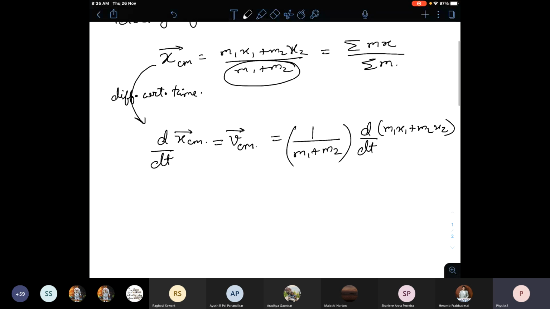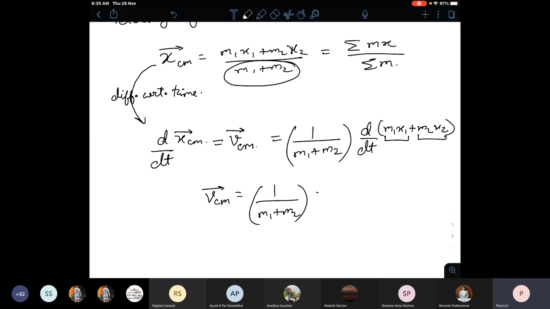Now v cm comes out to be 1 upon m1 plus m2 into. Now if we differentiate this, you can see there are two terms, m1 x1, m2 x2. So we will differentiate them separately. In m1 x1, m1 is a constant.